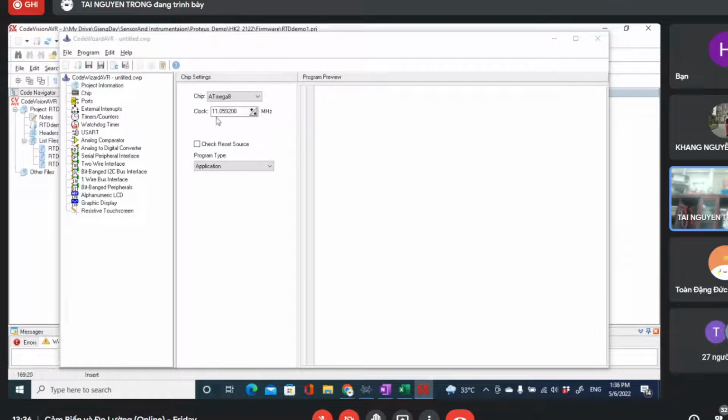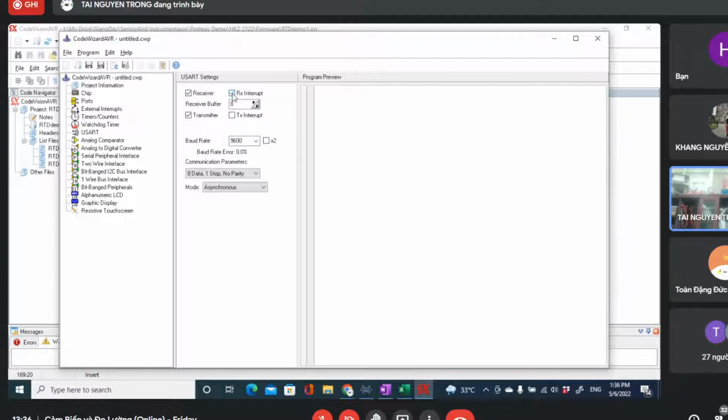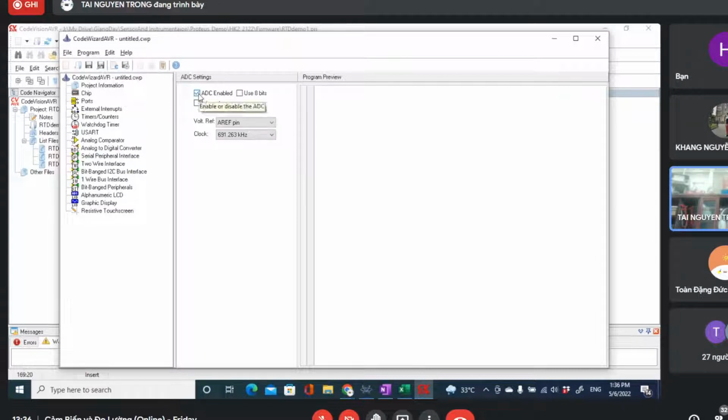We configure the ATmega like this: the frequency, and then we open the UART and enable receive data, with the default 9600 baud rate. The second one is we enable the analog to digital converter, using VCC as reference. Then we generate the code.